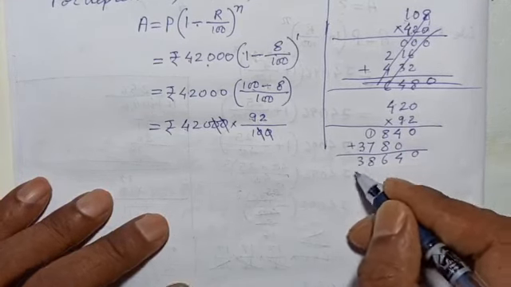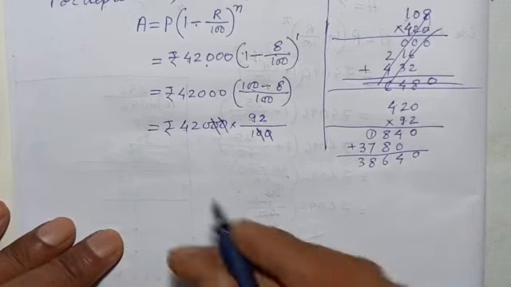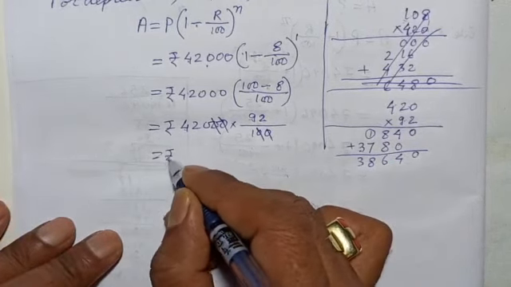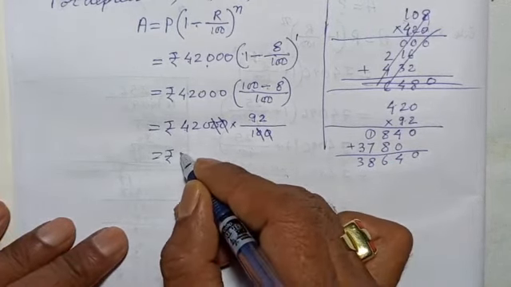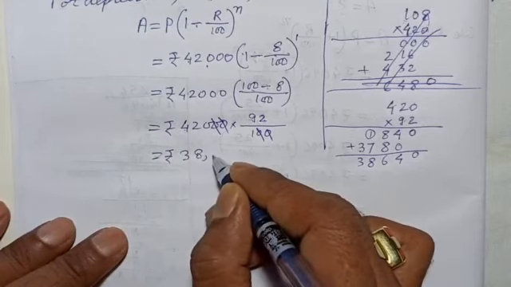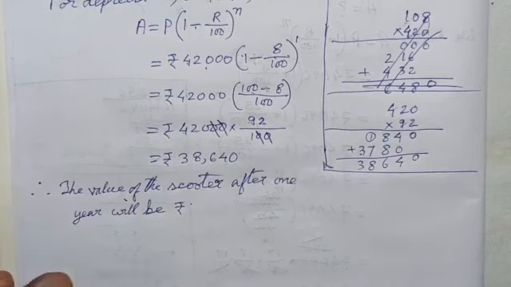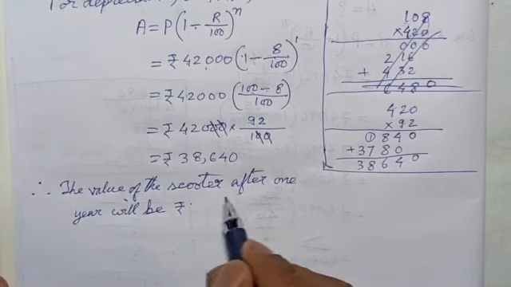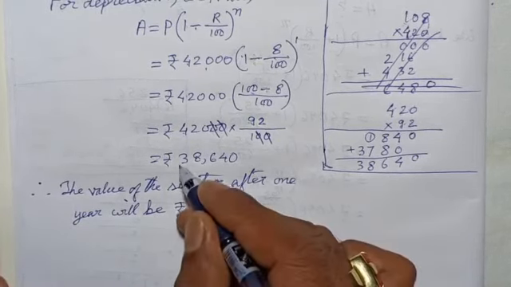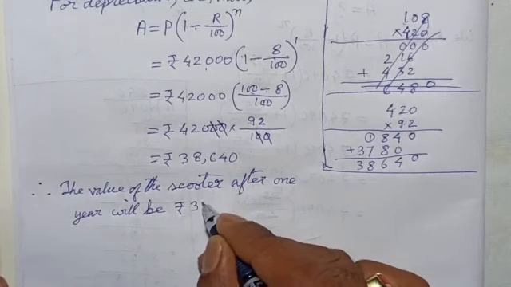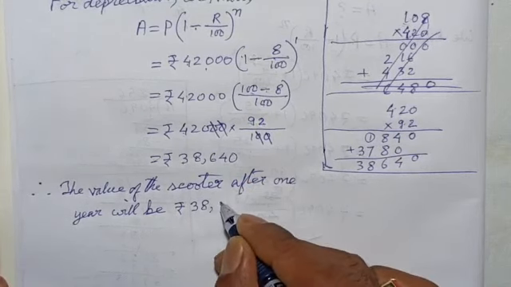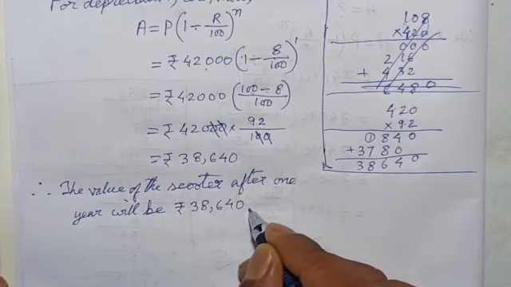We are getting this, rupees 38,640, and this is the answer. Therefore, the value of the scooter after 1 year will be rupees 38,640, and this is the answer.